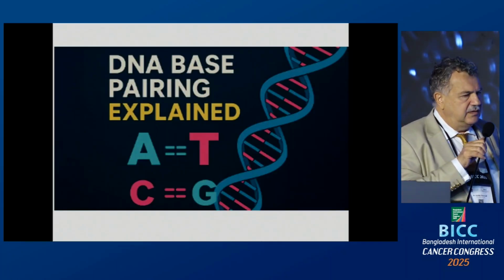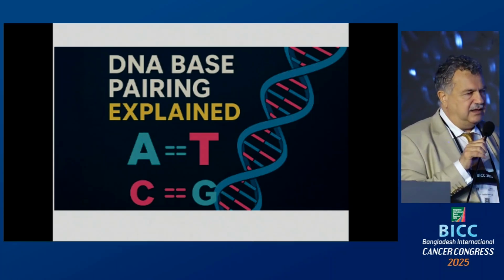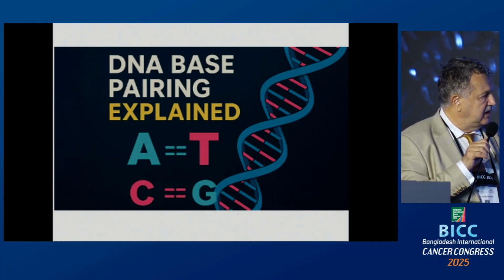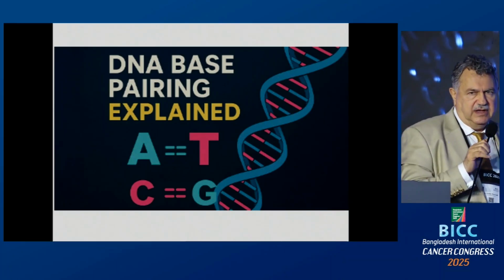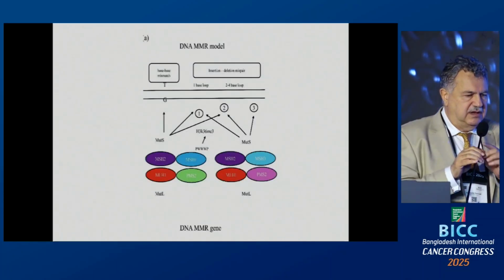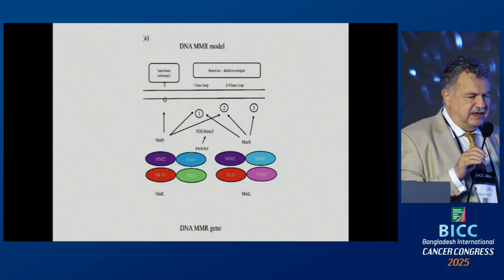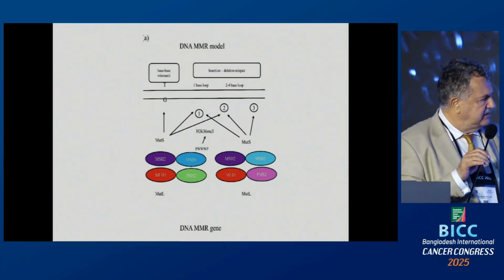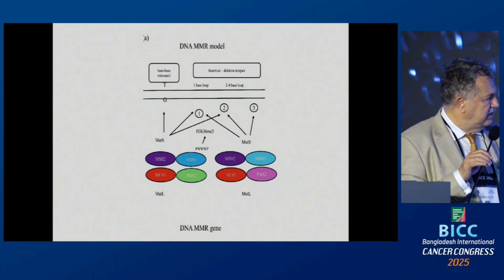In the DNA, there are pairs. Cytosine goes with guanine and A with T. That's the normal DNA structure, right? Now, in DNA synthesis, if there is any mismatch where the G will not go with the C, there is a structure of 4 enzymes: MSH2, MSH6, MLH1, PMS2.